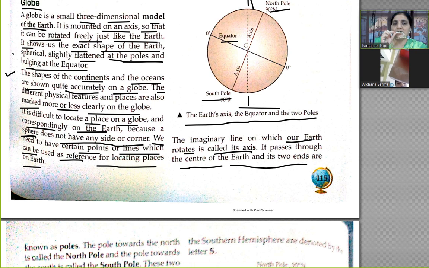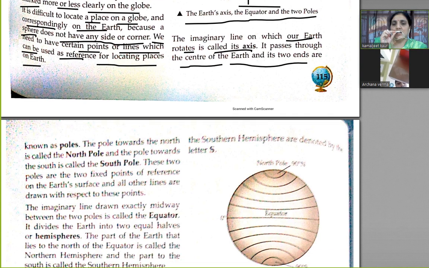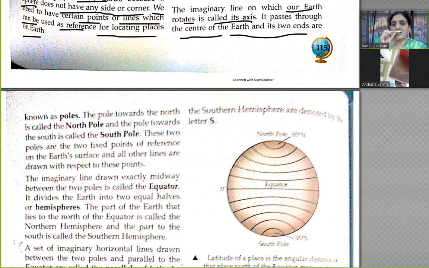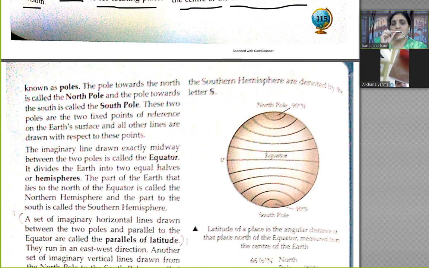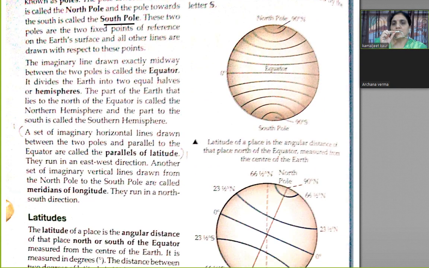South pole and north pole are known as poles. The pole towards the north is called the north pole and the pole towards the south is called the south pole. These two poles are fixed points. Look at this picture also, north pole and south pole.